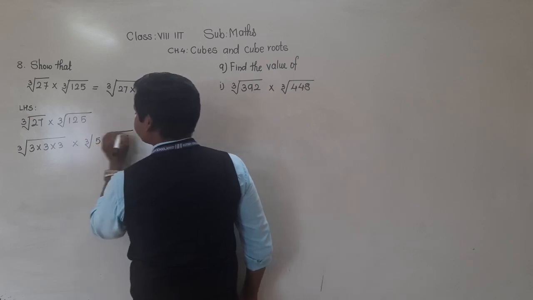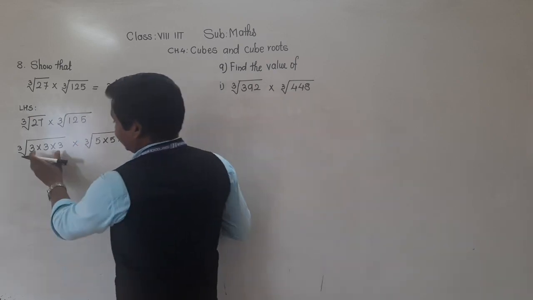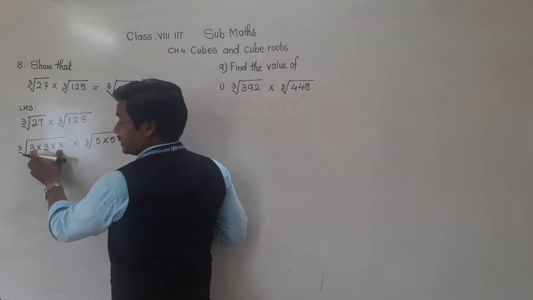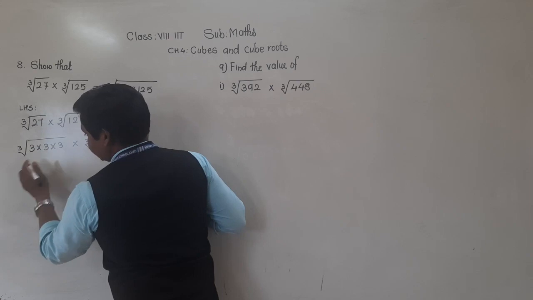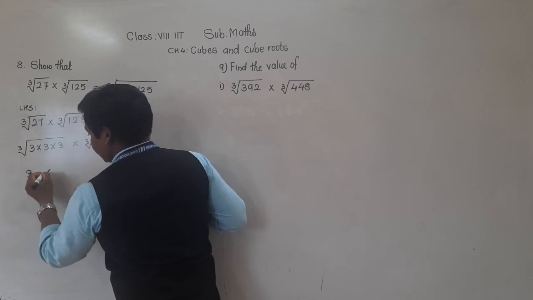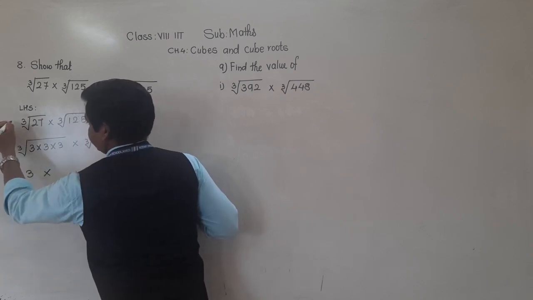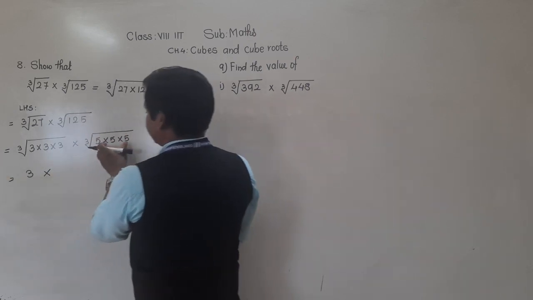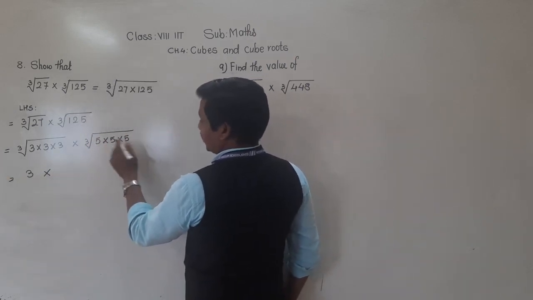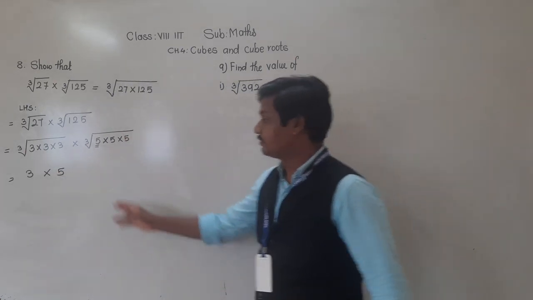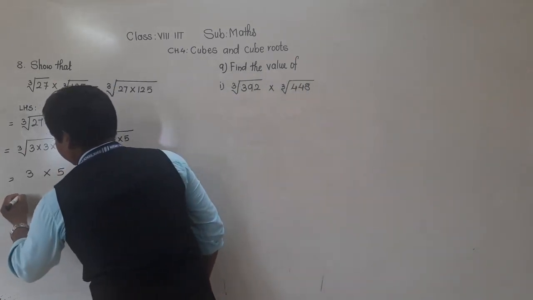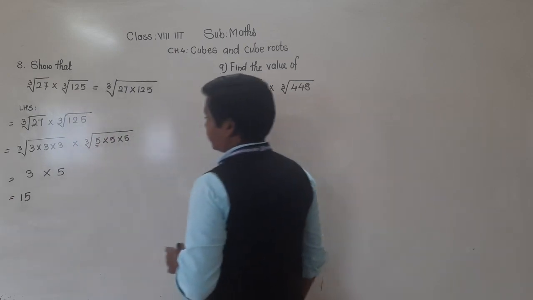Correct? See, now here 3 times multiplication of 3. That means the cube root of 27 is 3, into cube root of 5 into 5 into 5, let's take one 5 down. That is 3 5s are 15. So LHS we got 15.